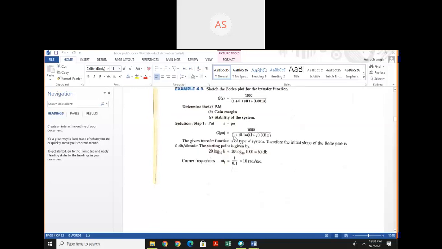The given transfer function is of type 0 because there is no pole at the origin, or N is equal to 0. So this is a type 0 system, and for a type 0 system we know that the starting point is 20 log K. The value of K is 1000, so substitute the value of K and you get 60 dB.